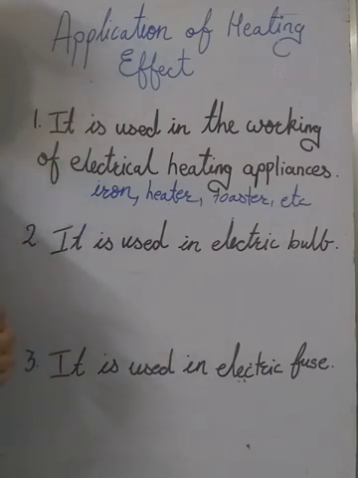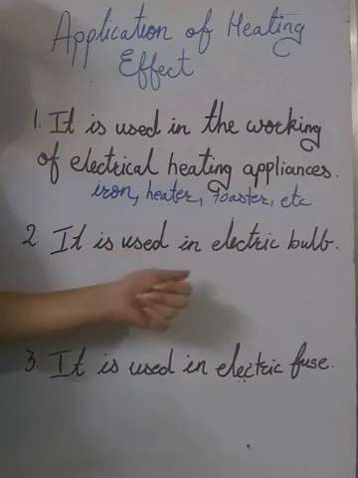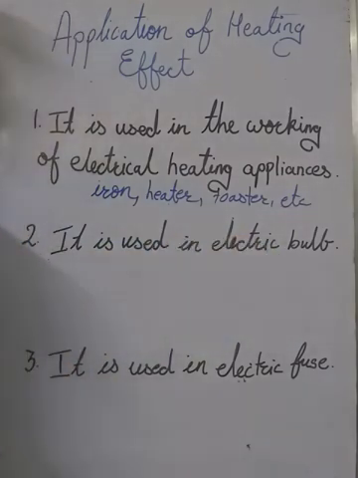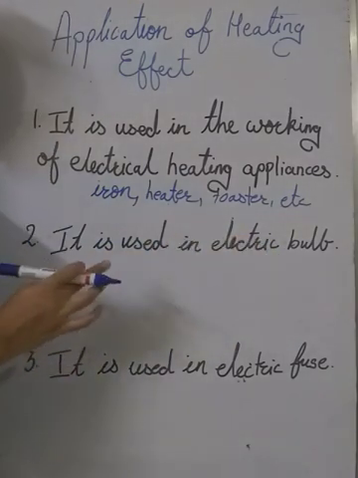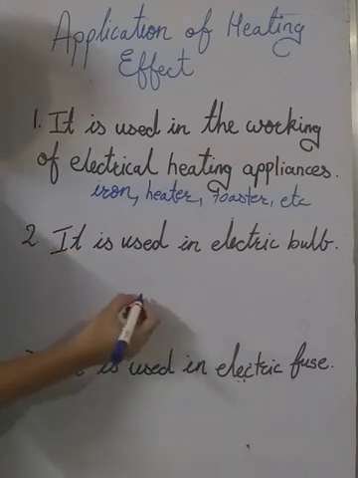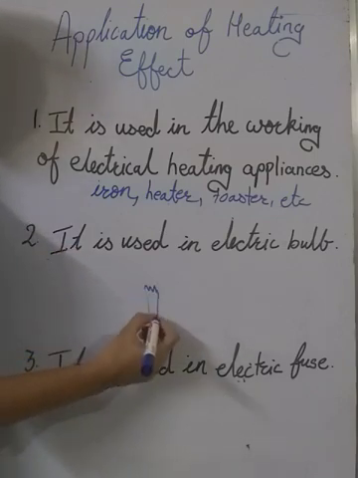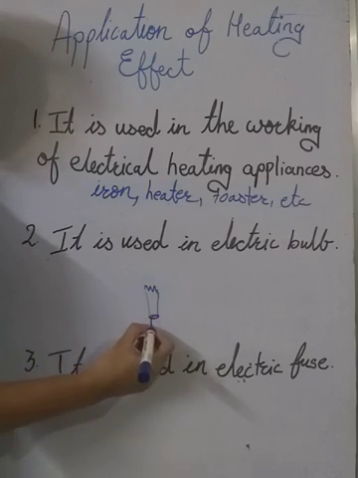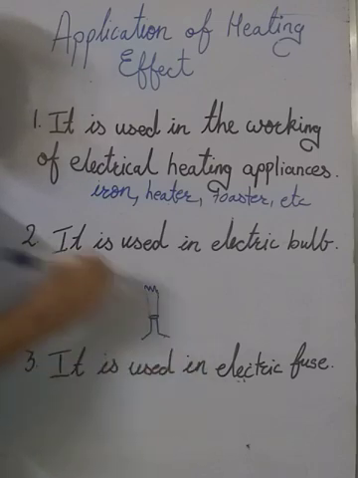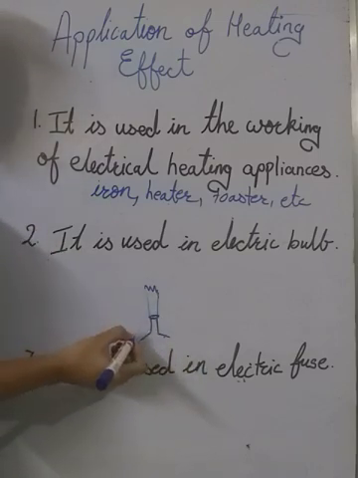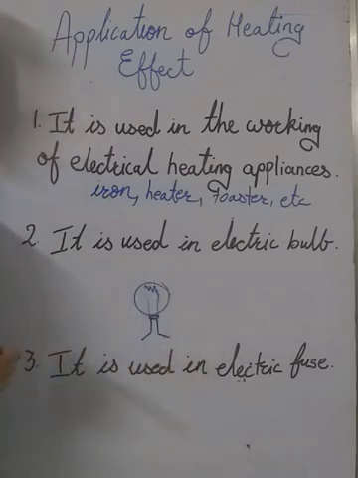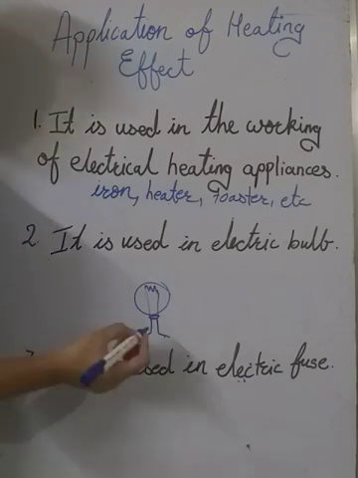The second example of heating effect is that it is used in electric bulbs. Everyone of you must have seen an electric bulb. There is one tungsten wire in between, right? And this is connected to your power source with one positive end and one negative end. Tungsten also has higher resistivity.